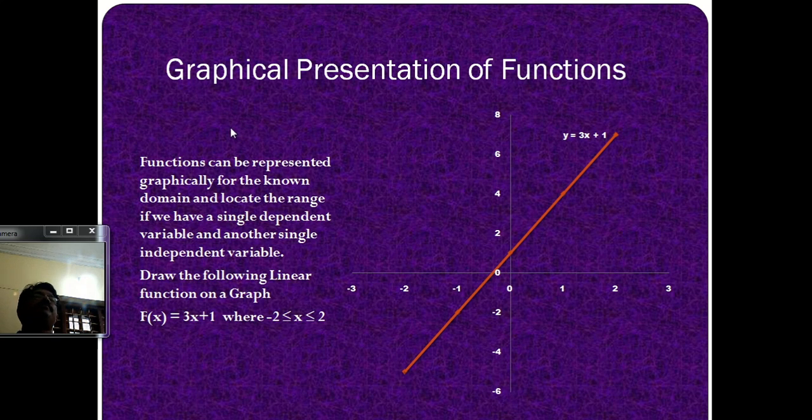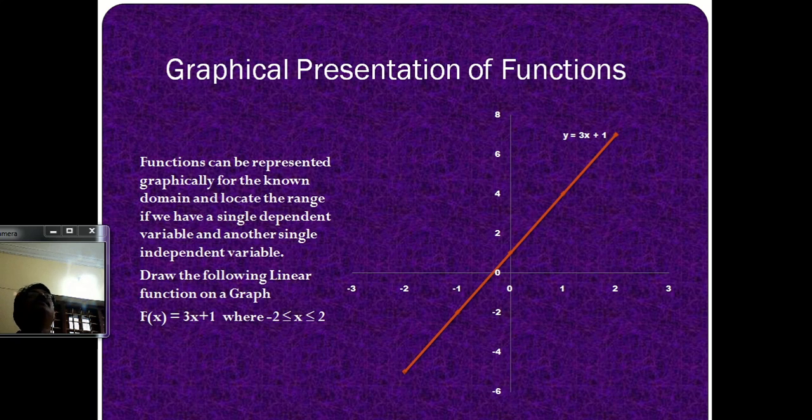So when you represent the function with the help of a graph paper, you will get either a linear relationship or a non-linear relationship. If the function is linear, your graph should also be linear. What is a linear function? You know, we learned about linear equations.